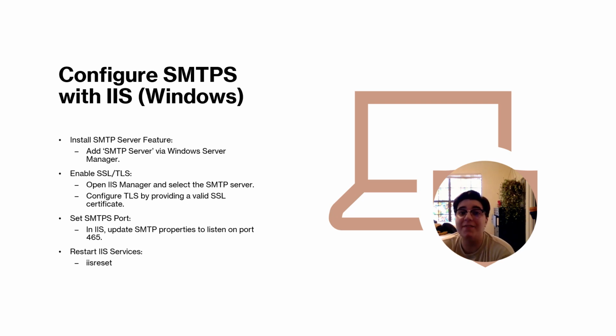Here, we provide a valid SSL certificate to secure the connection. The server needs this certificate to encrypt and authenticate email traffic. After that, we configure IIS to listen on port 465. Finally, we restart IIS services to apply the changes. This completes the setup for secure email sending on Windows.